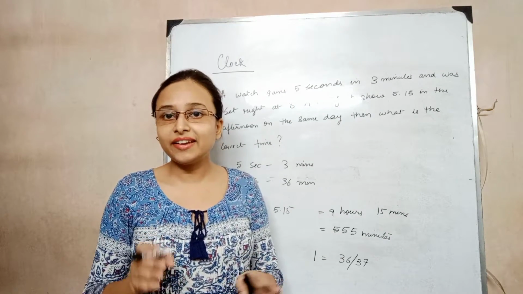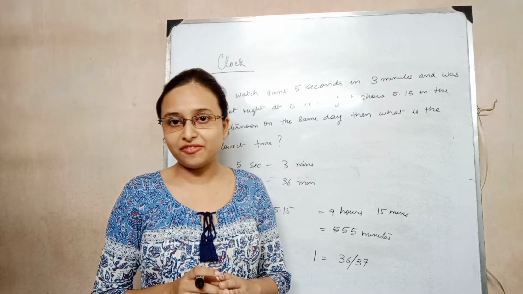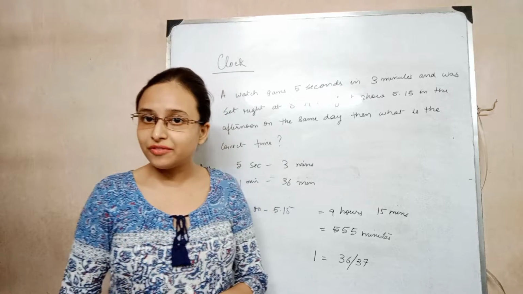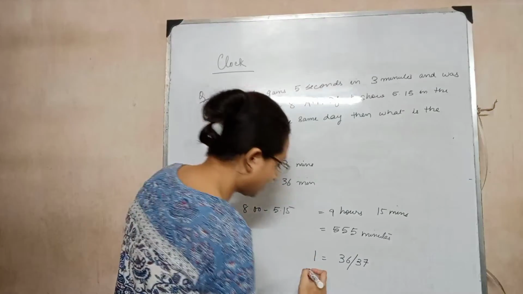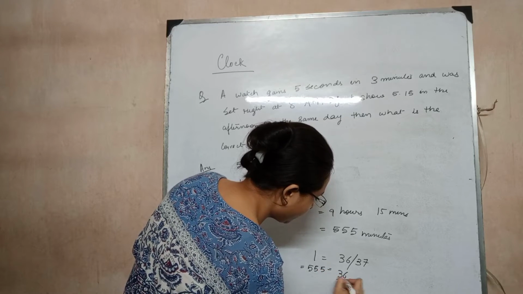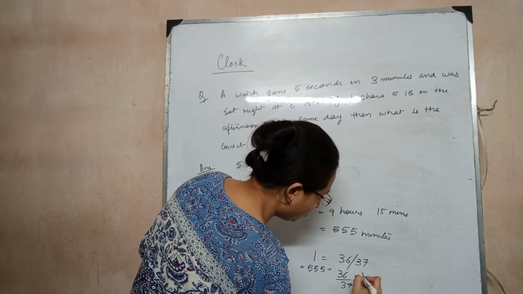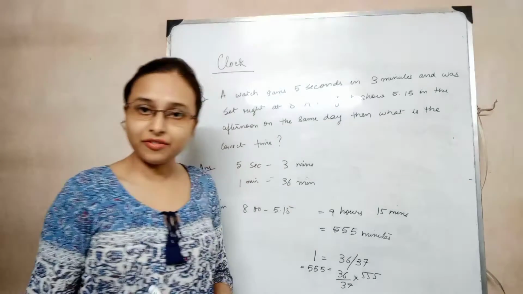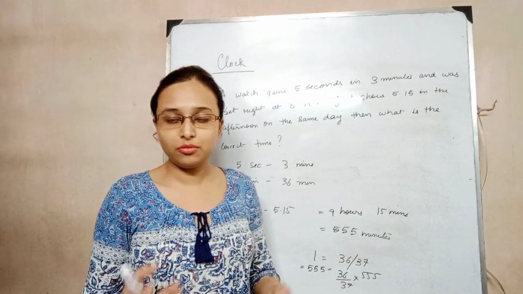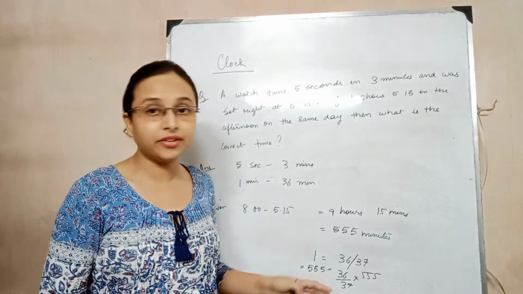Now when the incorrect watch moves for 555 minutes, correct watch moves for 36/37 into 555. Right? Okay. Now you can do the calculation here or with the calculator, but I will do it directly.